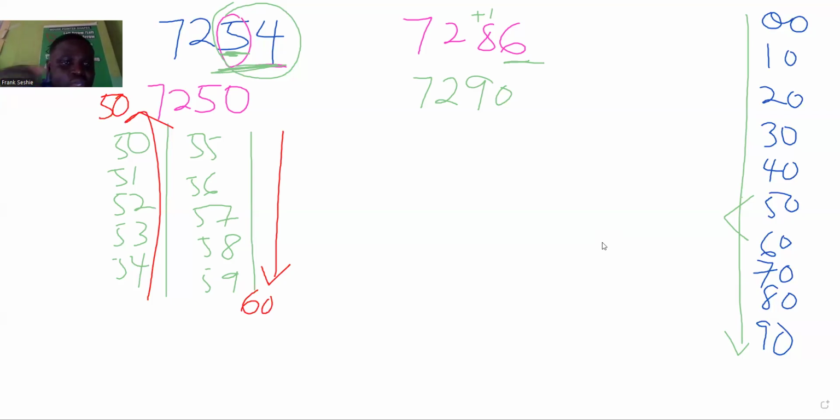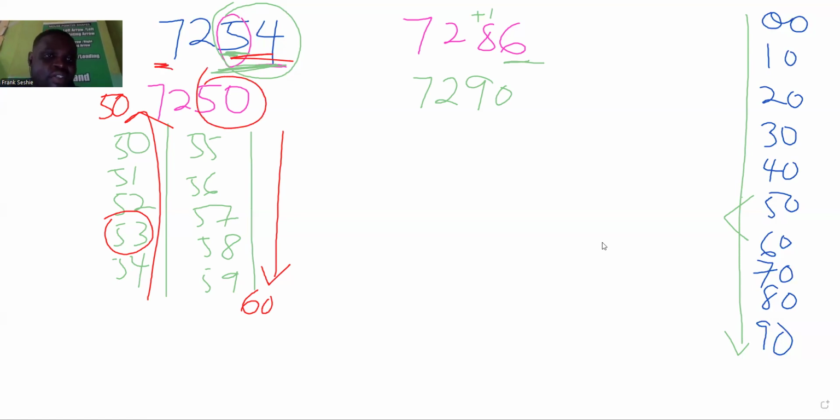The lower 5 is gravitating towards the lower tens value, which is 50. 54 lies within the lower 5 unit digits, and therefore it is closer to 50. And therefore, 54 is written as 50.